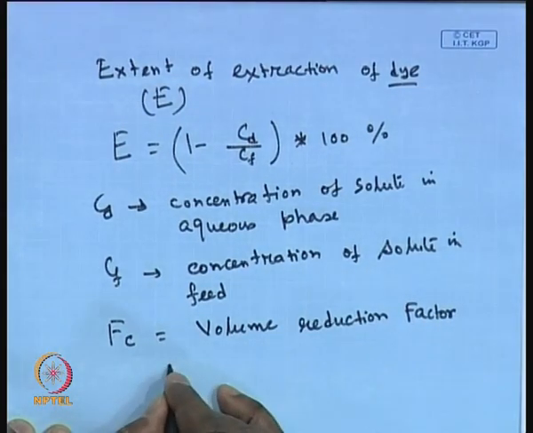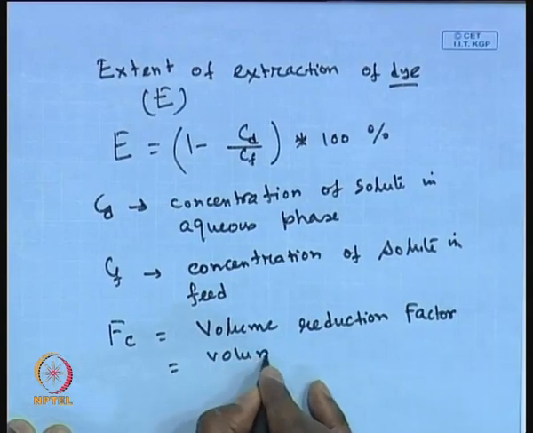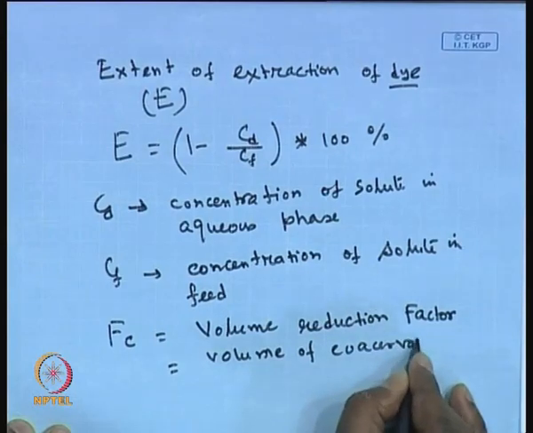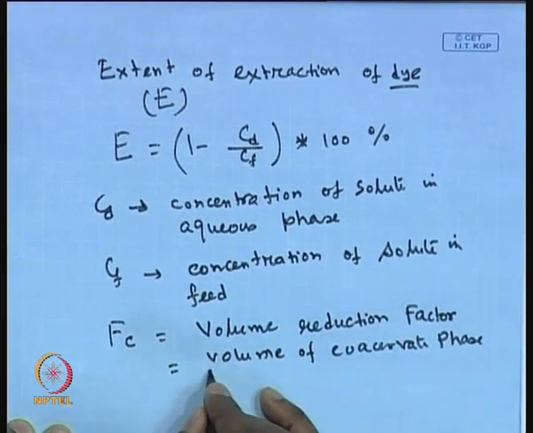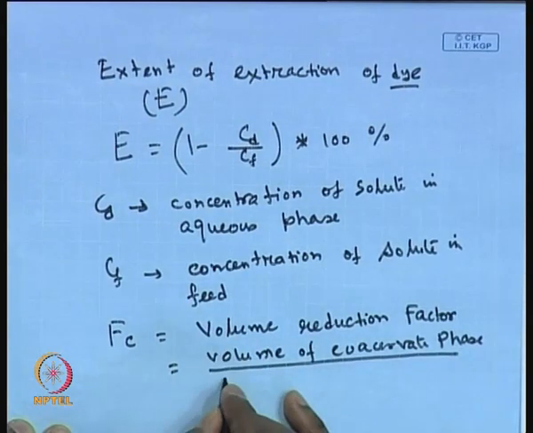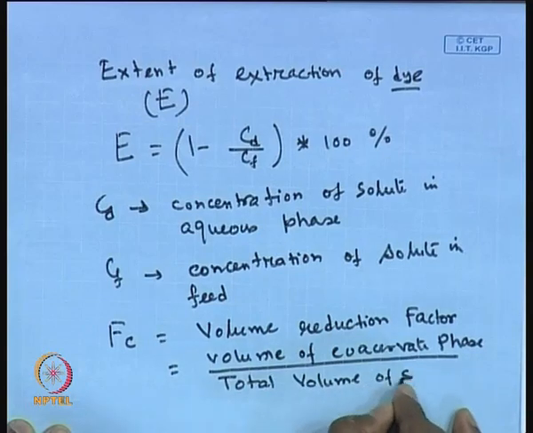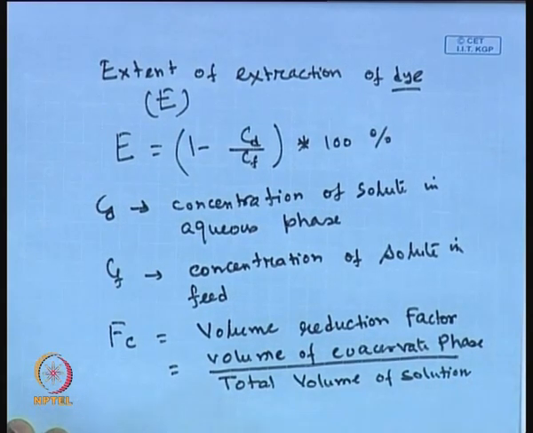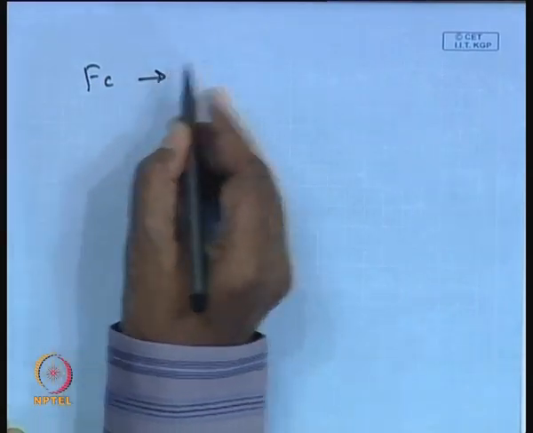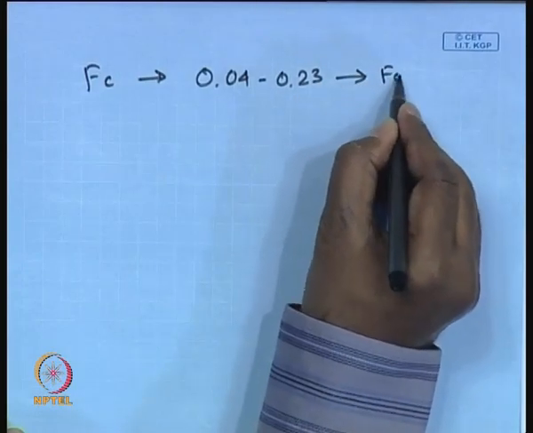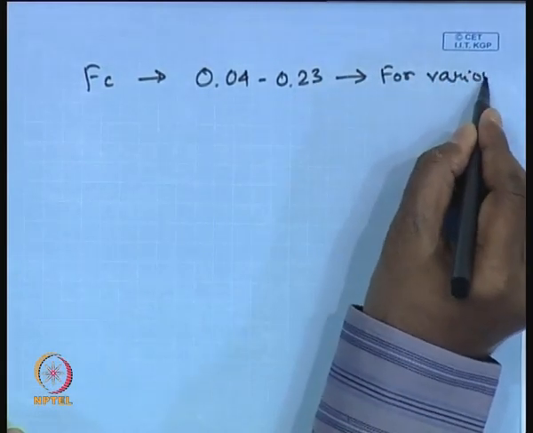This volume reduction factor, Fc, is defined as the volume of the quasi fed phase divided by the total volume of solution. Okay. So, that is the definition of volume reduction factor, and typically the value of Fc will be in the range of 0.04 to 0.23 for various operating conditions.